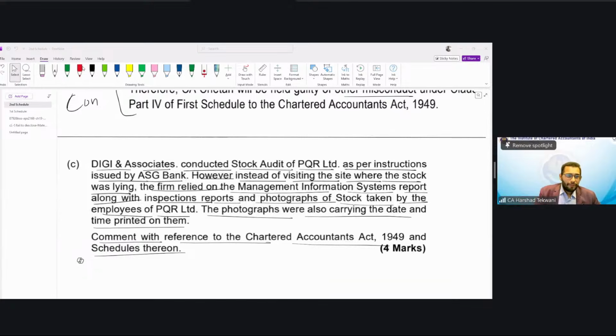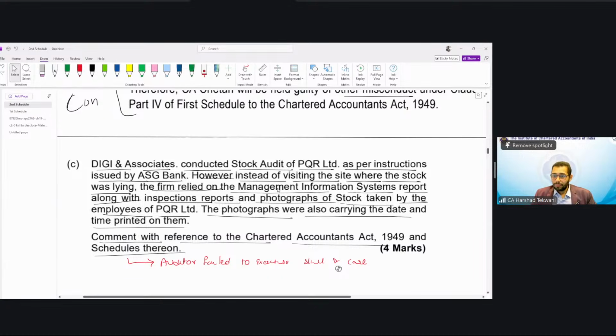So, if I have to write, the auditor failed to exercise the skill and care he was required to exercise. So, he did not exercise the due diligence that was required to perform the stock audit.